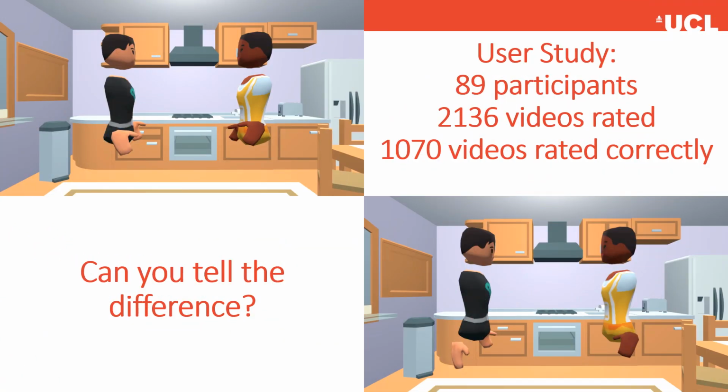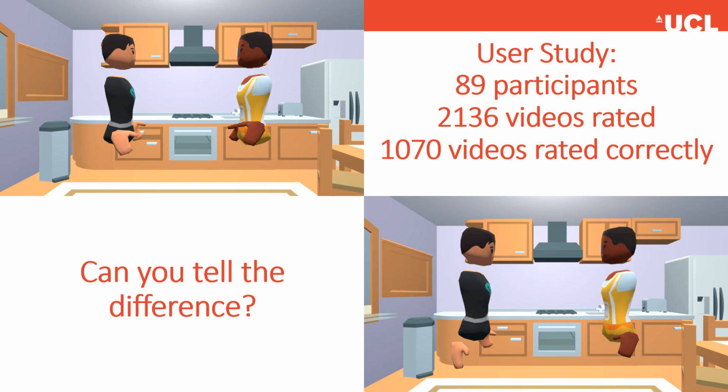And so we were interested if people would notice that one person is behind all the characters, and whether they could tell the difference between recordings that were created by one user and recordings that were created by two users. So we ran an online study and a study in VR, and we recruited 89 participants in total, and we showed them multiple recordings of dialogues that were performed by either one or two actors.